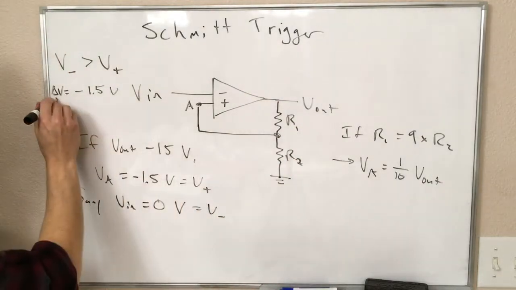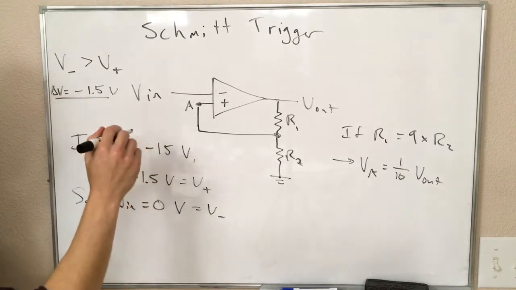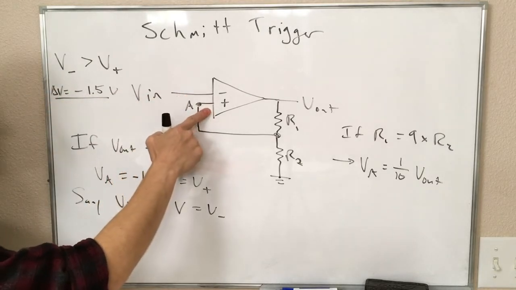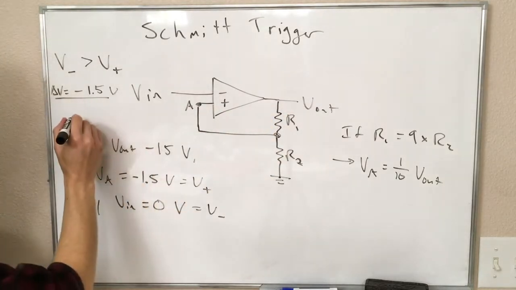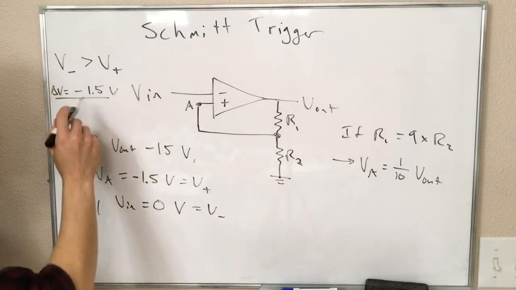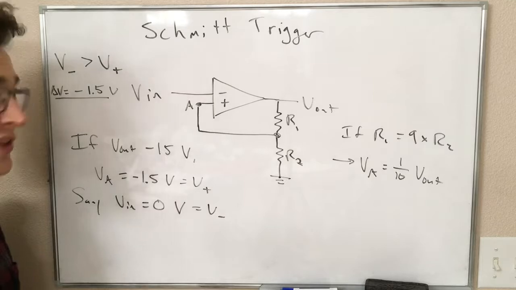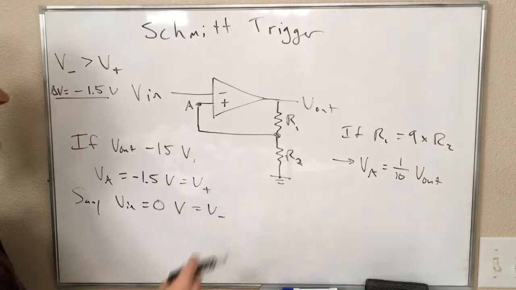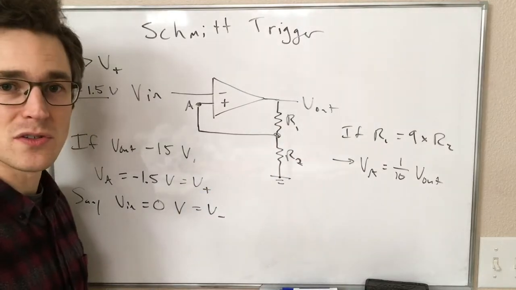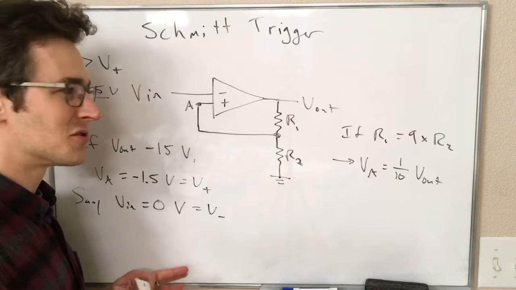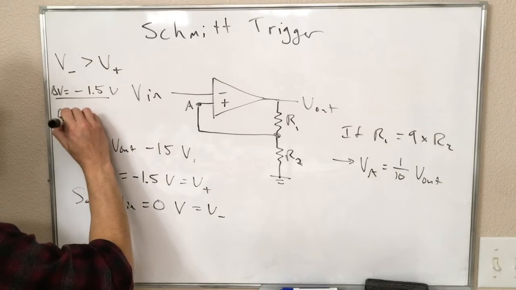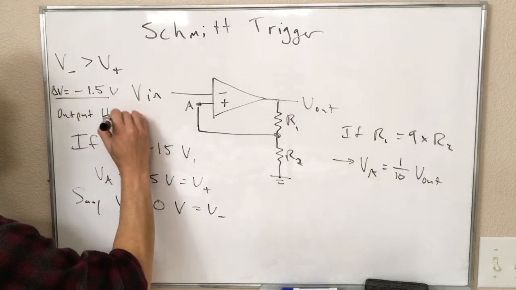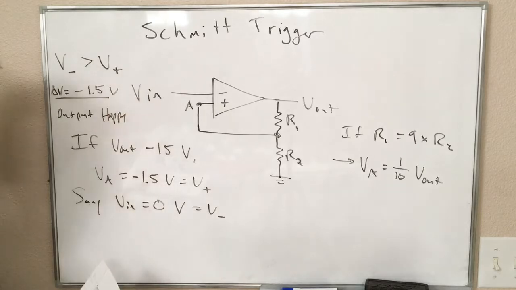In other words, because delta V is negative, because V minus is bigger than V plus, Vout is going to be happy at minus 15 volts. If we're going strictly by the numbers, minus 1.5 times 10 to the fifth says our output should be minus 150,000 volts or something like that, but we're limited to minus 15, so it'll just be minus 15. So anyway, the output is happy, is the way we will say that. Everything is consistent with this picture.